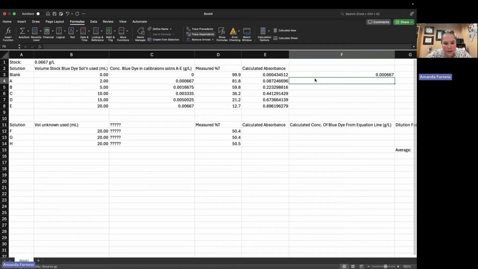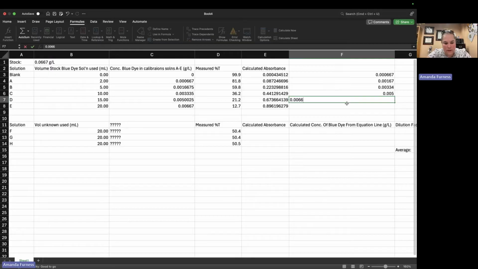0.000667, that one has 3, 0.00166, and then this would round to 67, 0.0033, and then that would round to a 4, 0.00500, 0.00667.